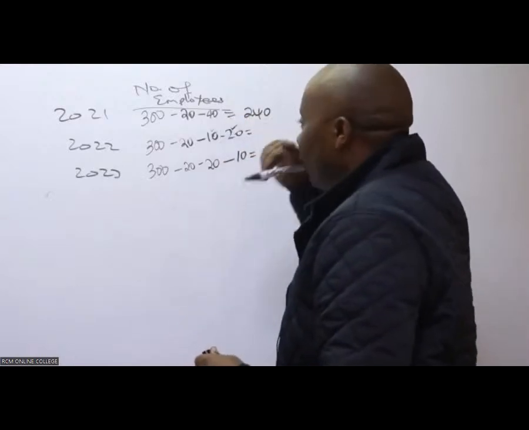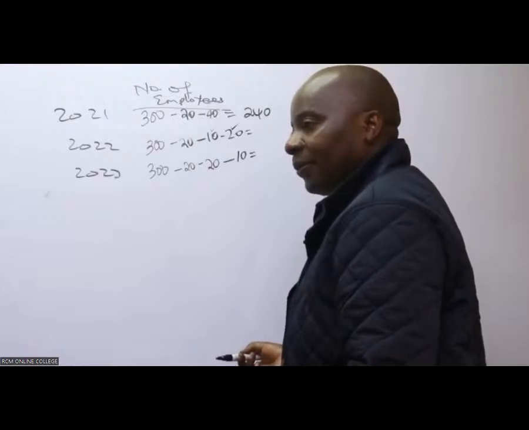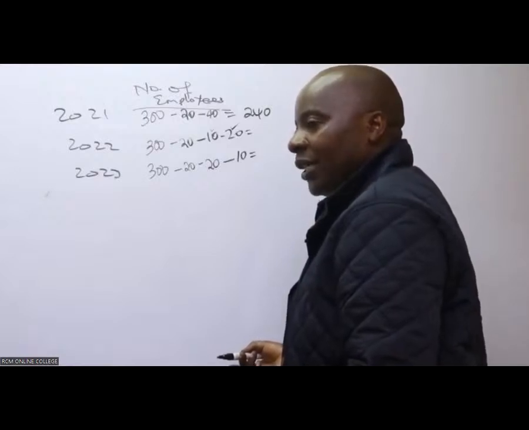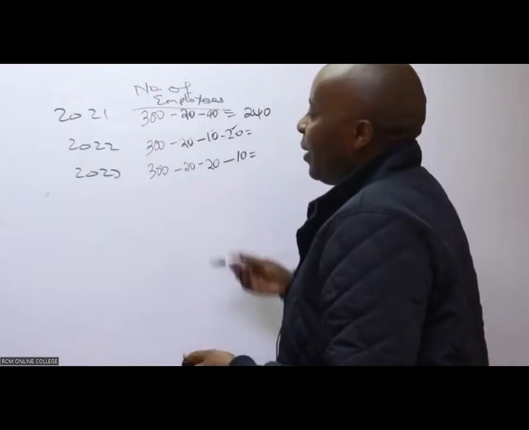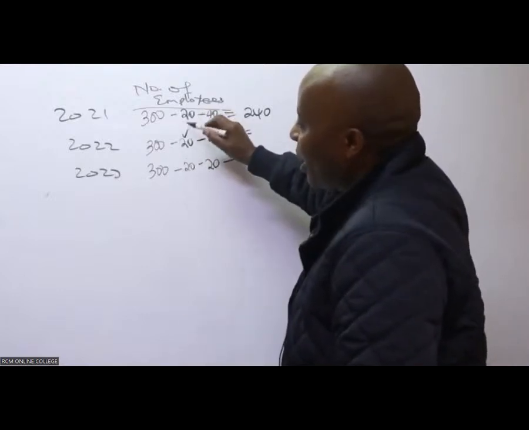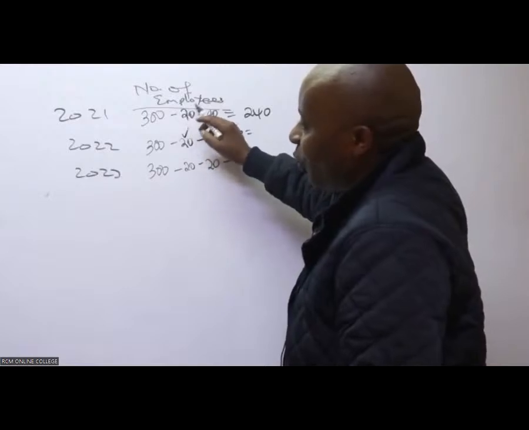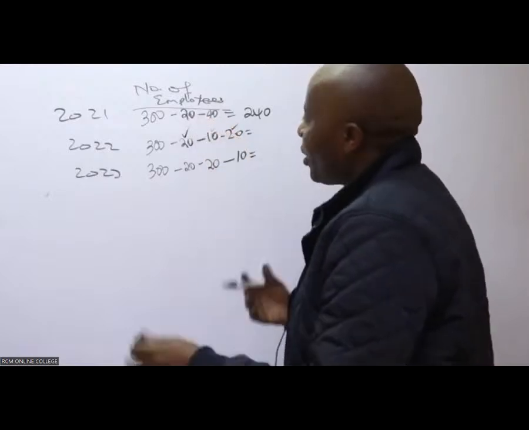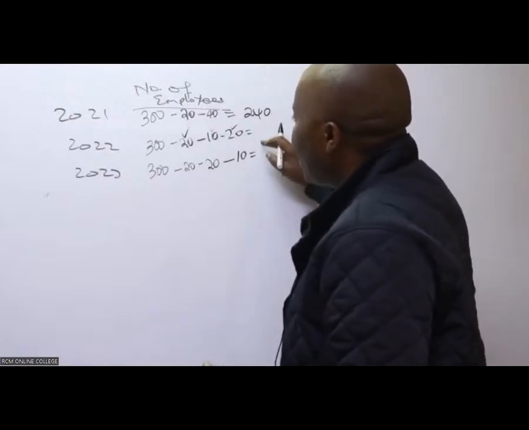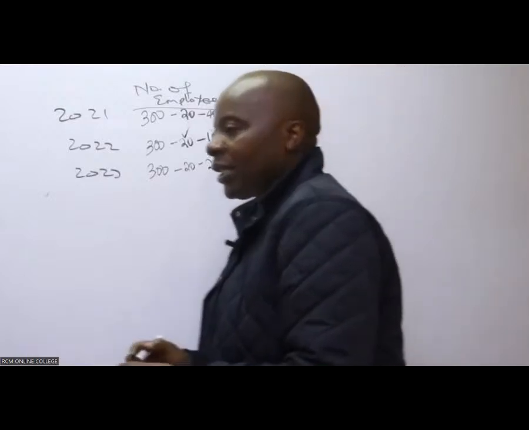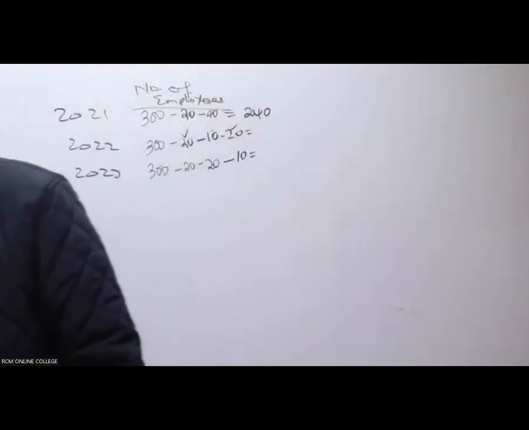You'll have accounted only for 2 years like that. And yet you're supposed to account for how many years? For 3 years. So it means, ladies and gentlemen, that I must come back here and subtract this actual here for 2021. The same. So of course, as we progress, you guys will be able to appreciate here. So can you kindly give me these other 2 answers? Give me these other 2 answers, and please feel free to ask questions.